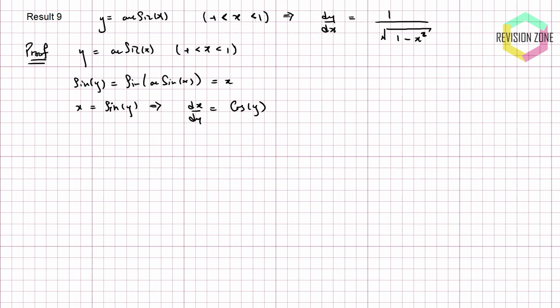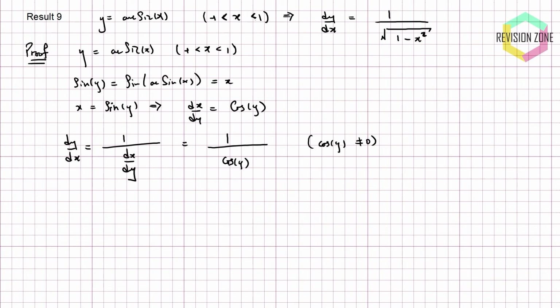Now we turn to result 1, in which we showed that dy by dx is 1 over dx by dy. Since dx by dy is cos y, we had better say cos y does not equal 0, but we can work around that. We want to express our derivative in terms of x, not in terms of y.